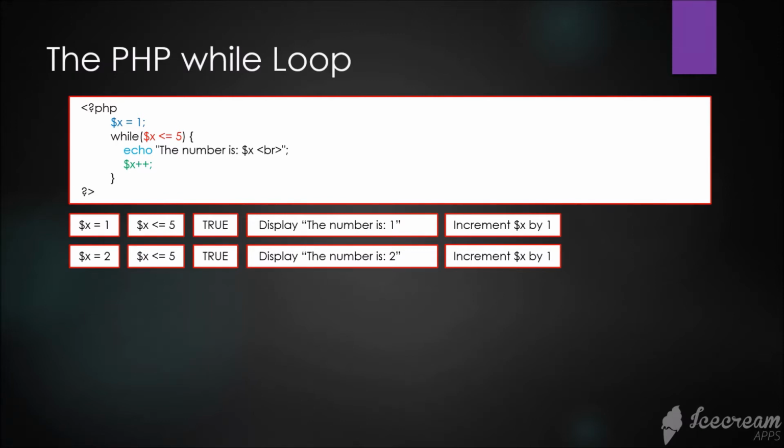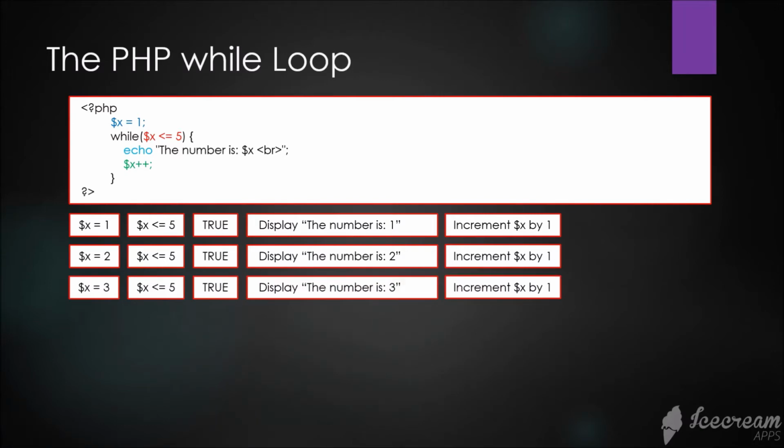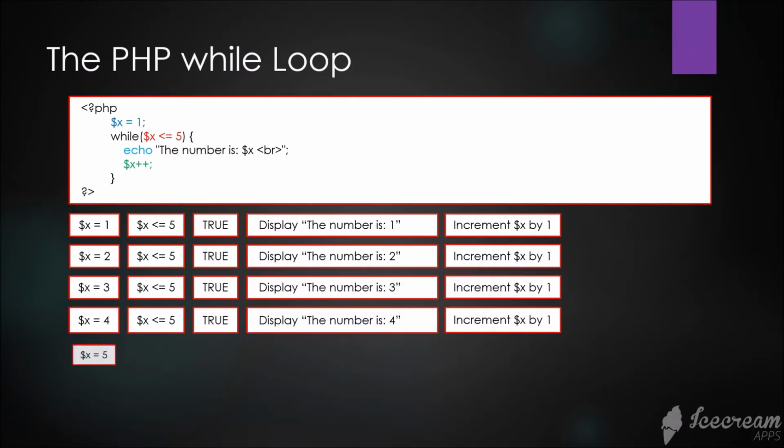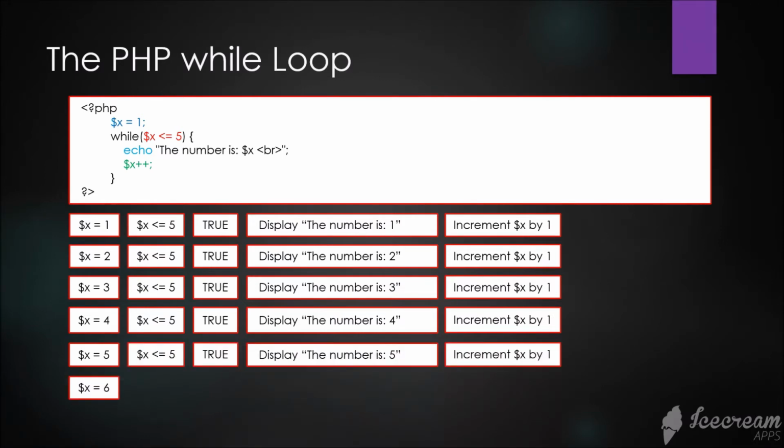Okay? So the looping will continue until such time that the condition becomes false. So that's how looping works. In this part, the current value of our x is 6. And if we compare it, is x less than or equal to 5?